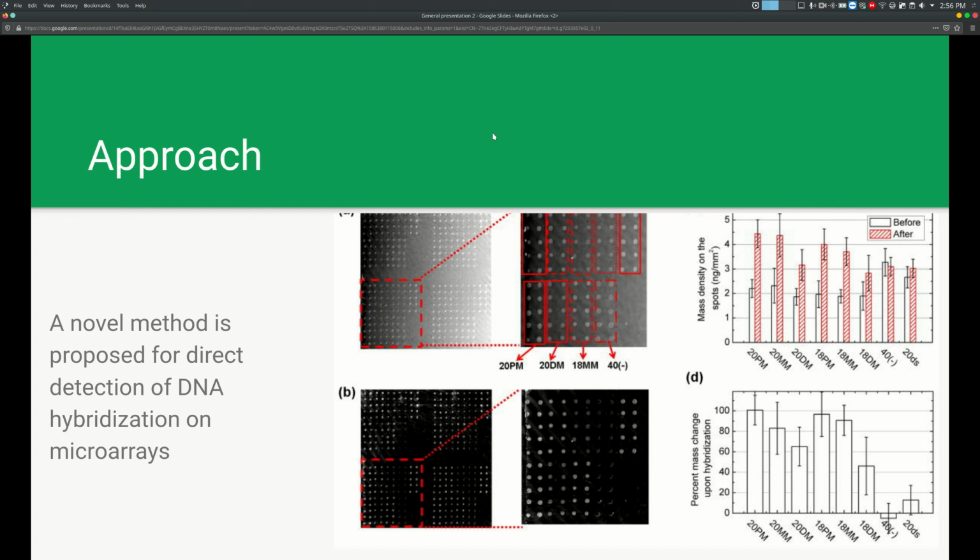They established this through different experiments at different concentrations. The diagram on the upper right shows how different they are before and after hybridization, and that establishes it is much better to use it compared to not using it, at a specific time.